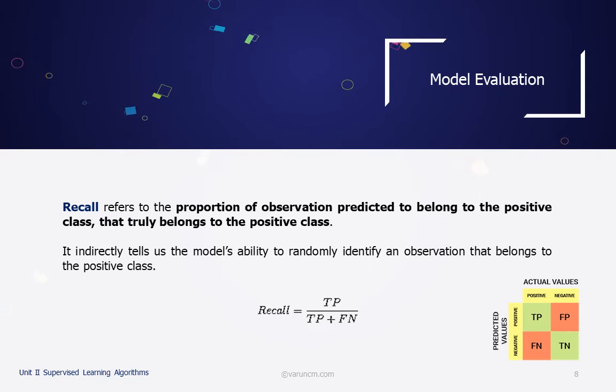Precision is TP plus FP, here it is TP plus FN. The value of recall will be low when TP plus FN is greater than TP, and the value of recall will be high when TP plus FN is close to TP. At that time the value of recall will go high.